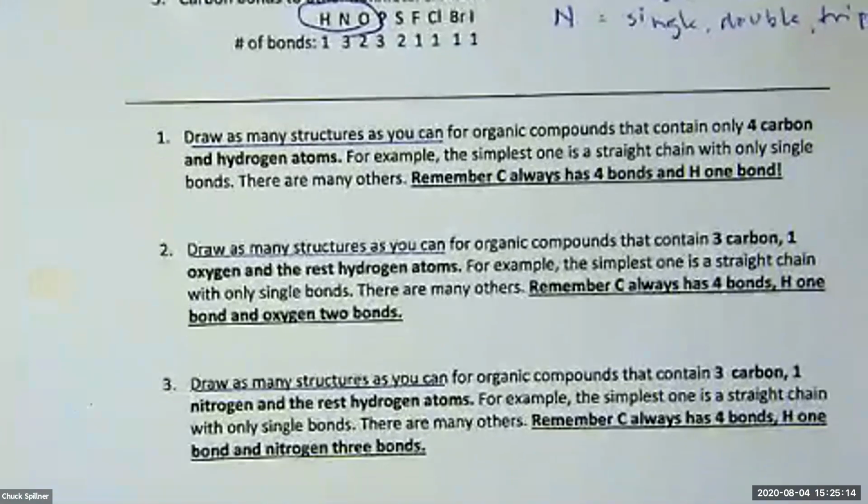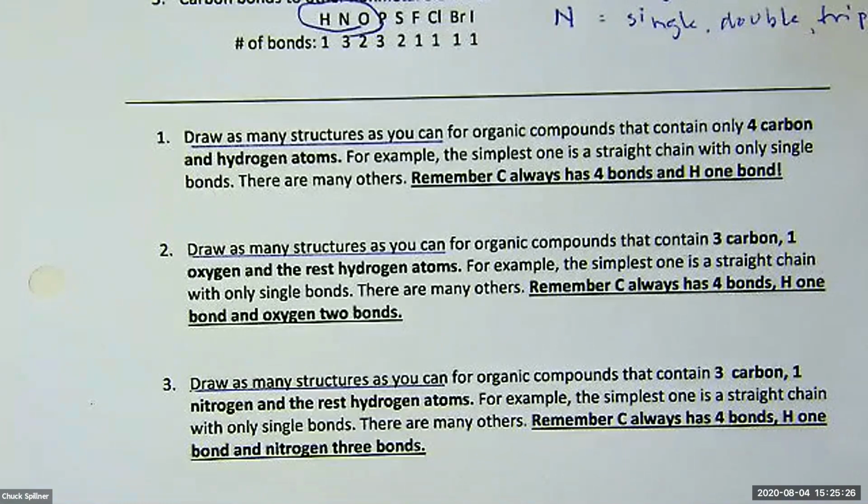So what I might say is draw a structure that contains each of these elements for chemical bonding, for each of the types of atoms in the compound. So for number 1, we only have carbon and hydrogen. What I would say for number 1 is draw a molecule that has a straight chain of carbons, draw an alkane, draw an alkene, draw an alkyne.